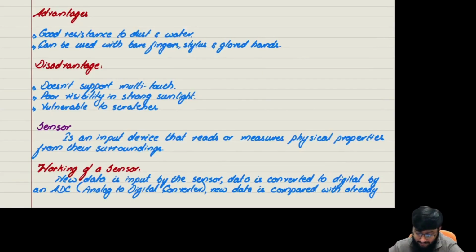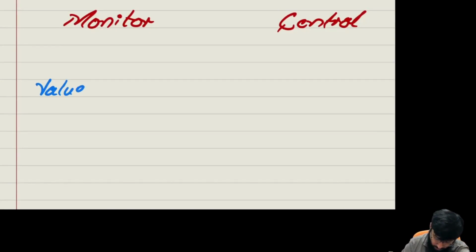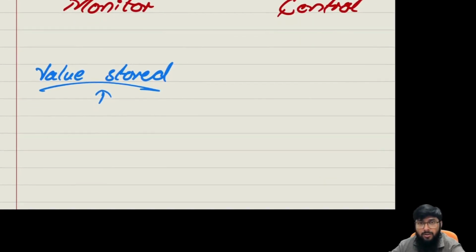I have written here, working of a sensor. In the working of a sensor, there are values that are already stored. Each time you operate your system, it will sense and input a new value.